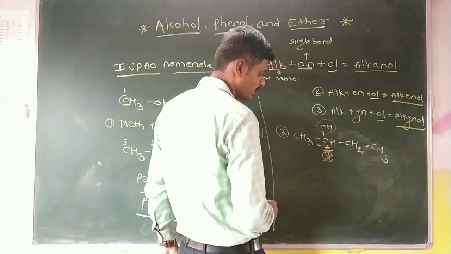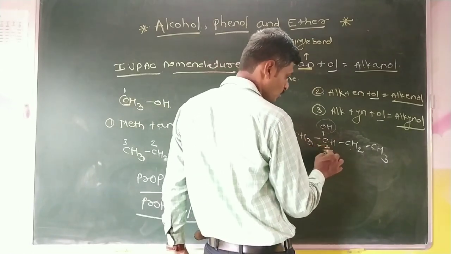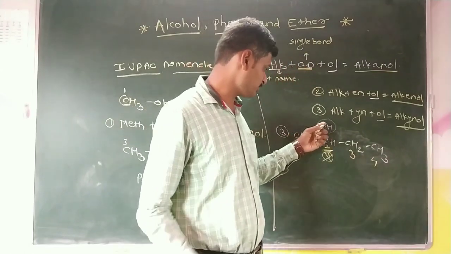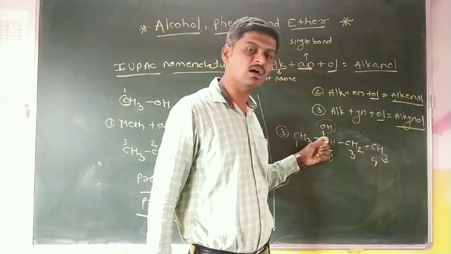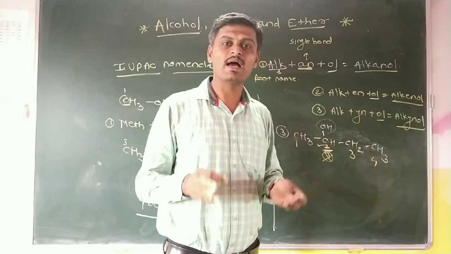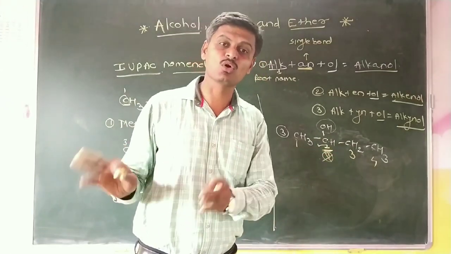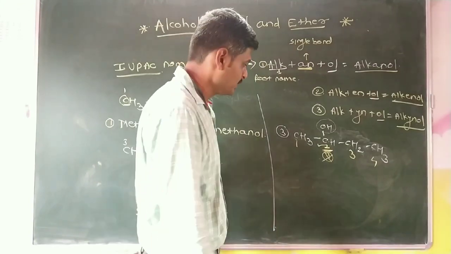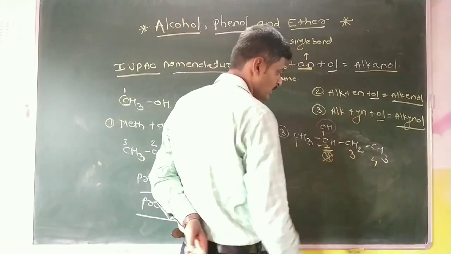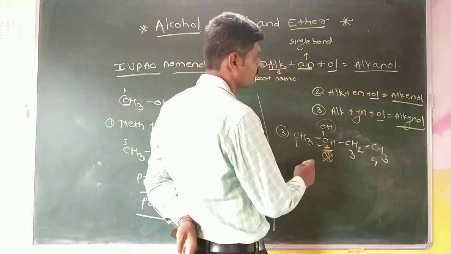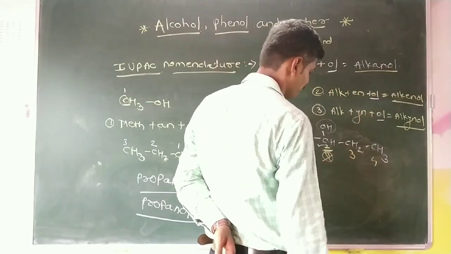This numbering is correct, that means 1, 2, 3, 4. Because this hydroxyl group is the principal functional group, it is always numbered on a priority basis, with the lowest locant.